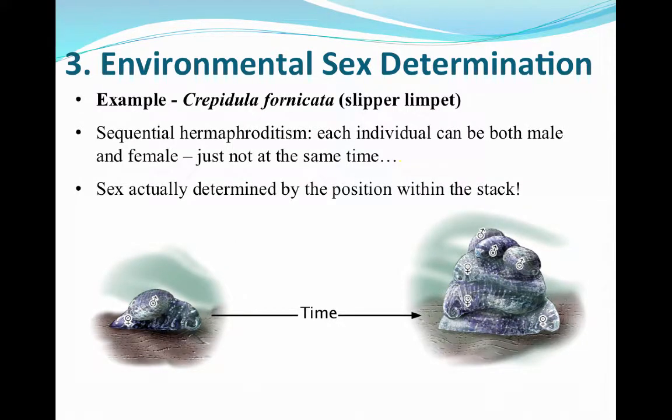This system is really what we call sequential hermaphrodism. And this is where each individual organism or limpet can be both male and female, but it just doesn't happen at the same time. So the sex ends up being determined by the position within the stack of limpets.